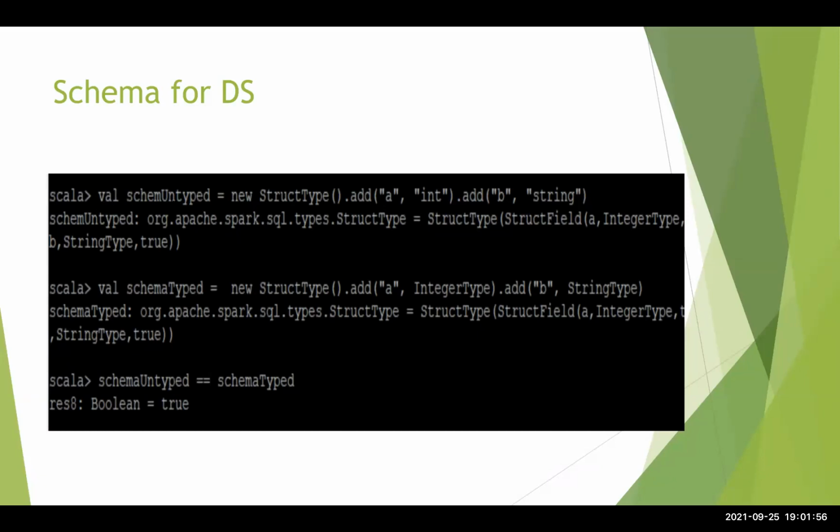This is untyped and this is typed, and I'm saying schema untyped equal to typed is true, because whether I use int or IntegerType, string or StringType, both are the same. So when I check whether this is equal to this, it returns true, because one way to create this is this, another way is this. Either way you can use.